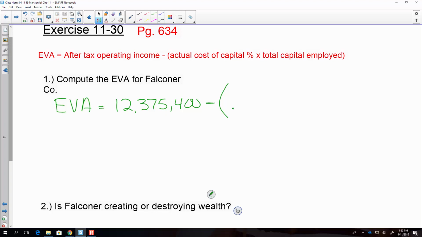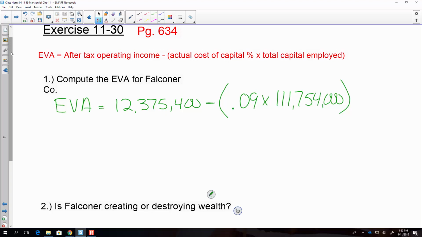So I'm going to simply multiply the 9% times the capital employed, which is basically our operating assets, right? That's what we use to judge whether we've used those assets to their fullest capability to generate enough revenue.